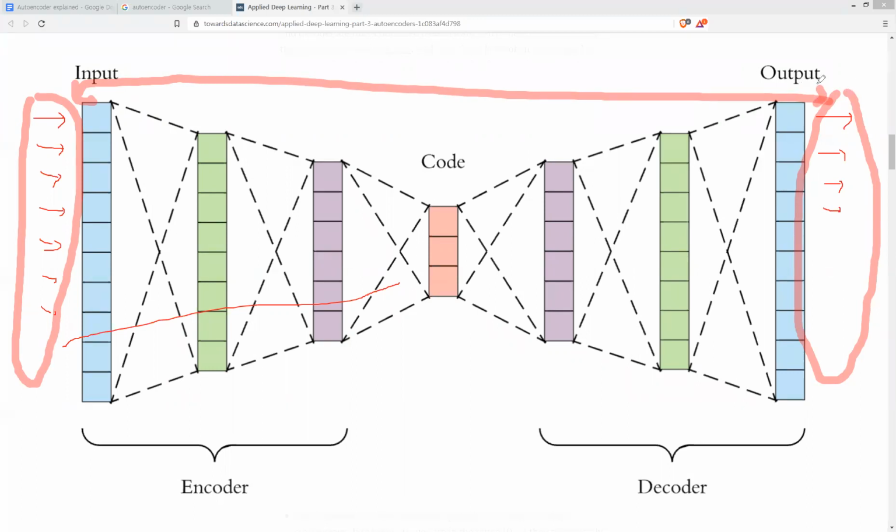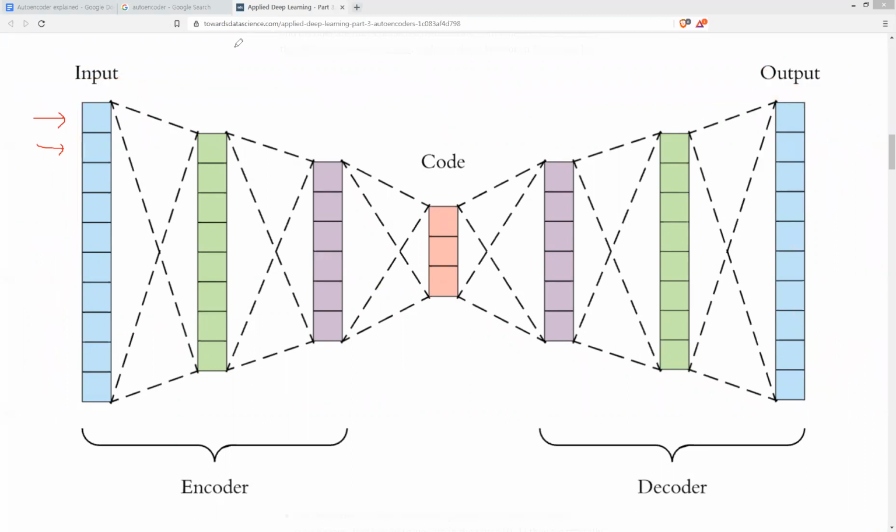So we aim to minimize the distance between input and output data. That's our goal. That's how we estimate the model, and that's how we train an autoencoder.